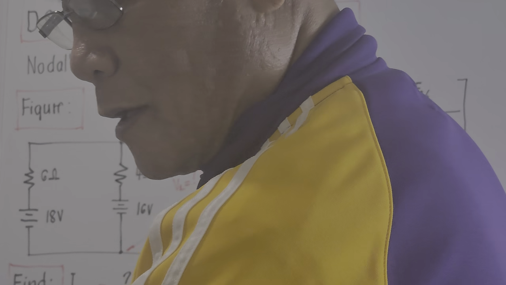The voltage across this is the same as the voltage across the 24 ohm load, because this portion here is in parallel with this. So whatever voltage appears here will be equal to the voltage across the 24 ohm load.